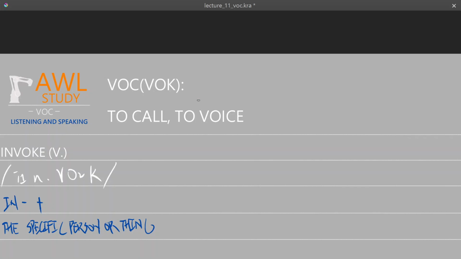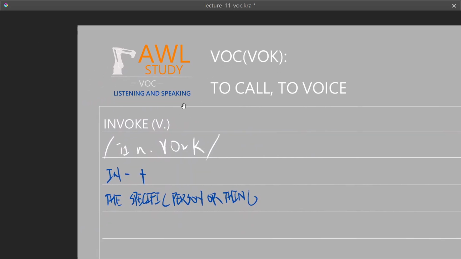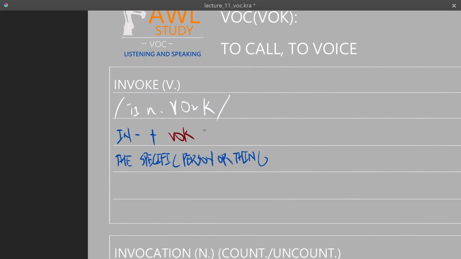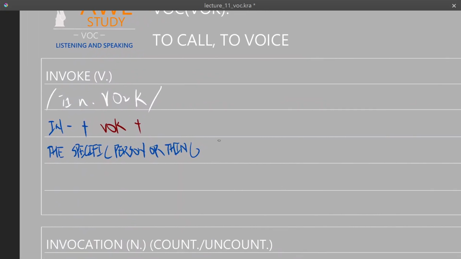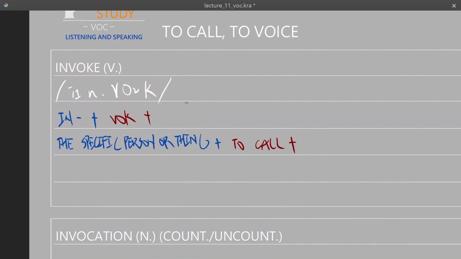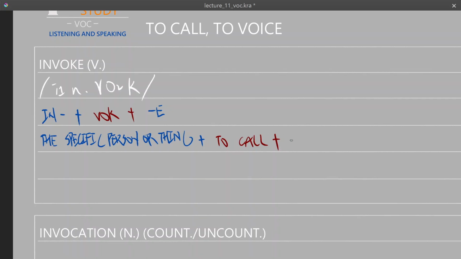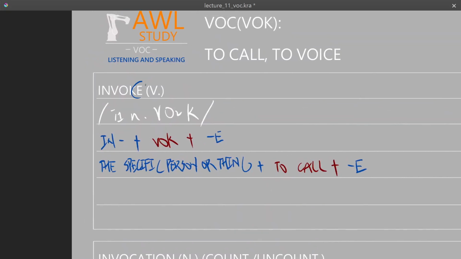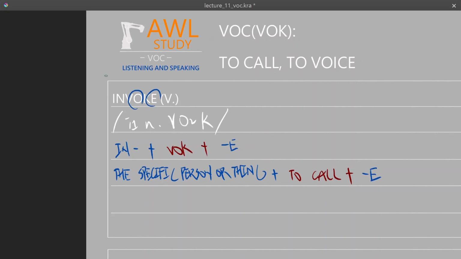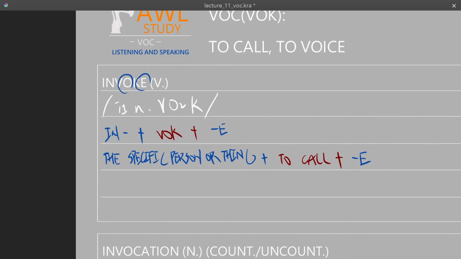Alright. And we have the root voc, meaning to call. And we have the silent final e, which in this case makes the phonogram o a long sound, the second sound of o.